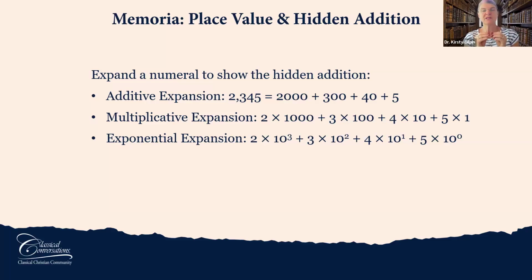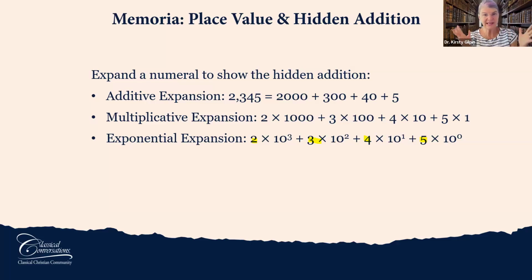But this is what helps us to understand why we only need to know 0 times 0 through 9 times 9. Because I can expand this, and the highest number I'm going to have, once I write it this way, in decimal, which is base 10, is 9. That's the highest digit I'm ever going to have.